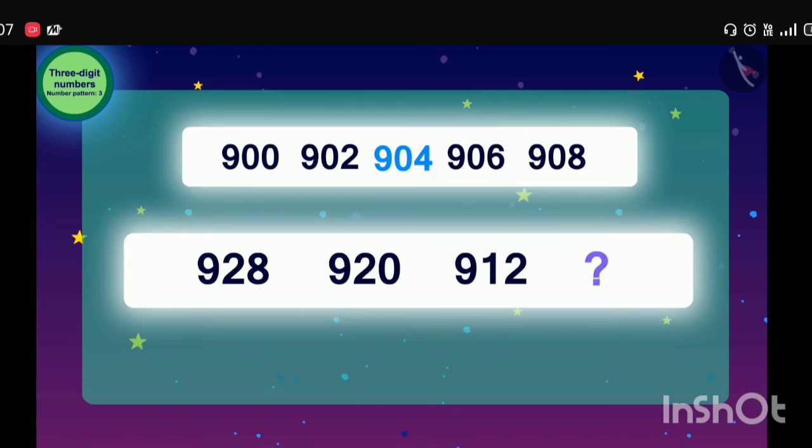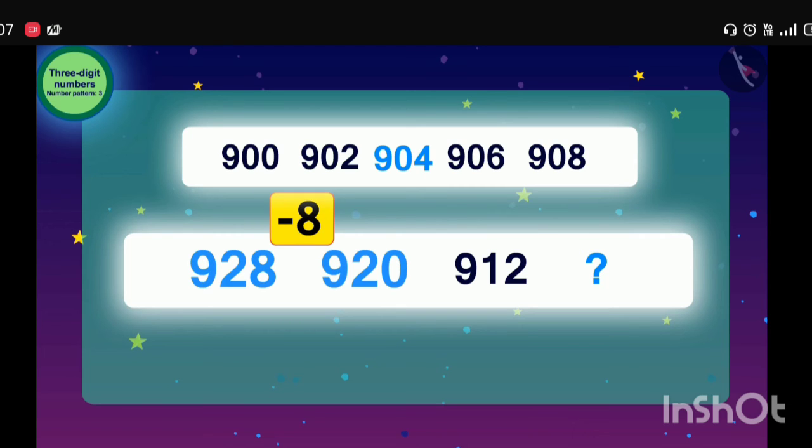Now we will find the number pattern of the second blank. To get from 928 to 920, we have to go 8 steps back. Means we have to subtract 8. Now to go from 920 to 912, we have to subtract 8.